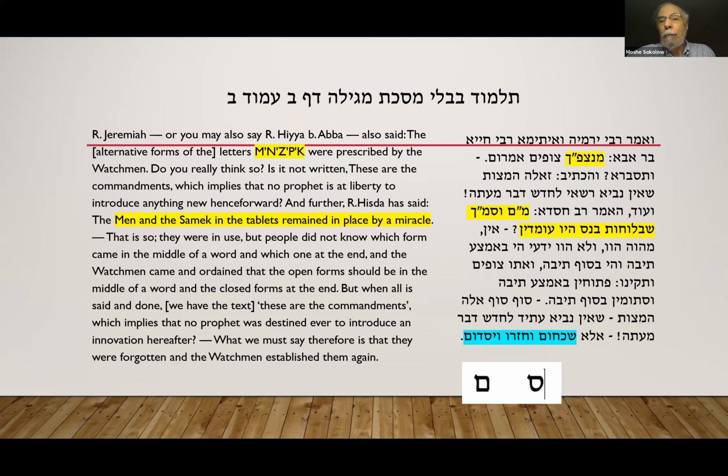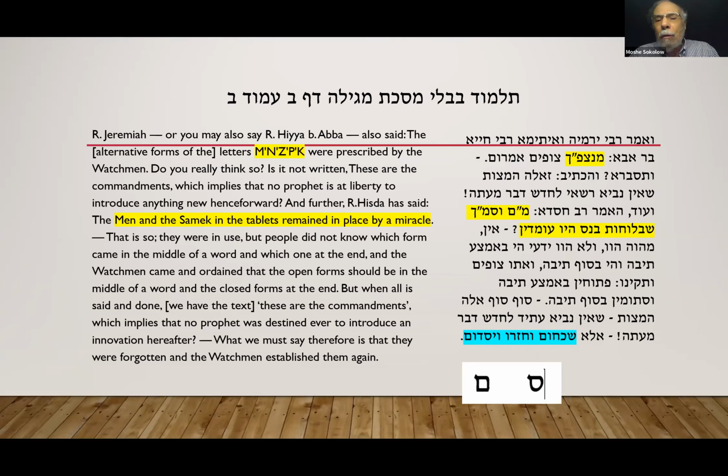Now, if you take a look at the letter mem, if you look here on the 4th line of the text, where the letter mem is spelled out, mem, mem, the first mem being the form that the letter takes at the beginning or the middle of the word, and the second mem being the ot sofit, the form that the letter mem takes when it's the last letter in a word.